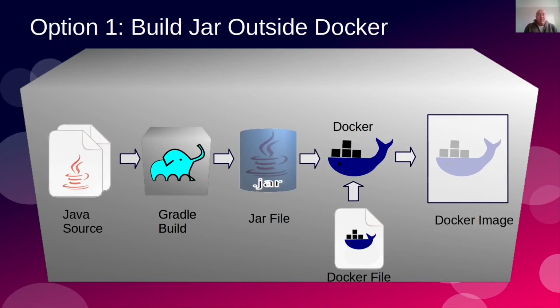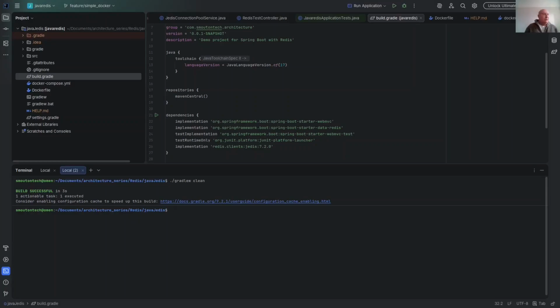And then we're adding to that process by creating a Docker file which copies that jar file into the Docker image and creates the path and relevant environment variables for that Docker image to run, as well as setting the entry point, of course. So let's see what that looks like in practice.